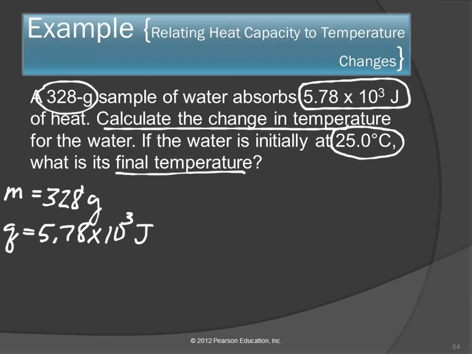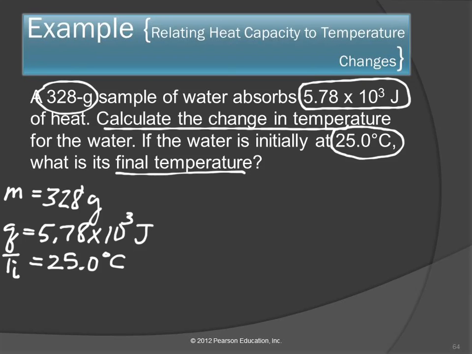Calculate the change in temperature. And then it's giving us this 25.0 degrees Celsius. Is that the change in temperature? No, what is that? That's the initial temperature. So we're looking for the change, delta T, and we're also looking for T final.